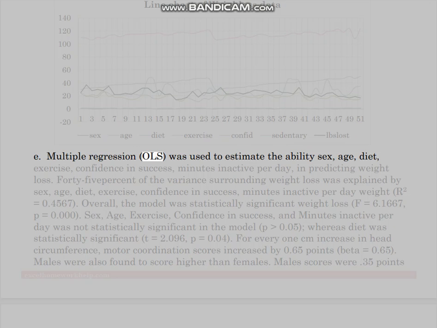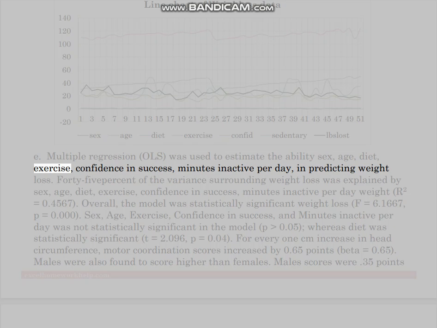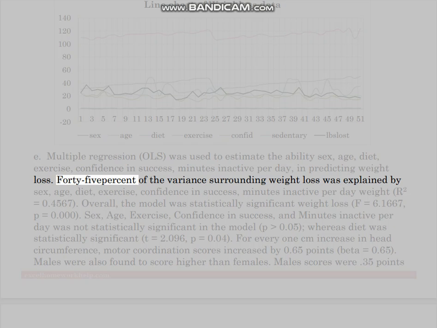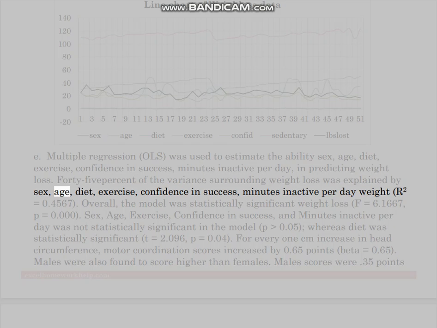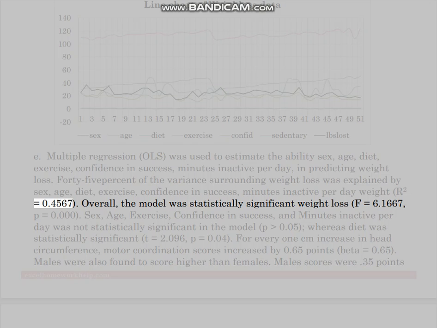Multiple regression, OLS, was used to estimate the ability of sex, age, diet, exercise, confidence in success, and minutes inactive per day in predicting weight loss. 45% of the variance surrounding weight loss was explained by these variables, R2 equals 0.4567.